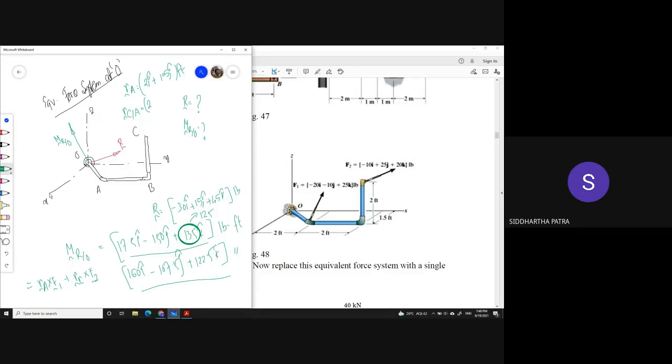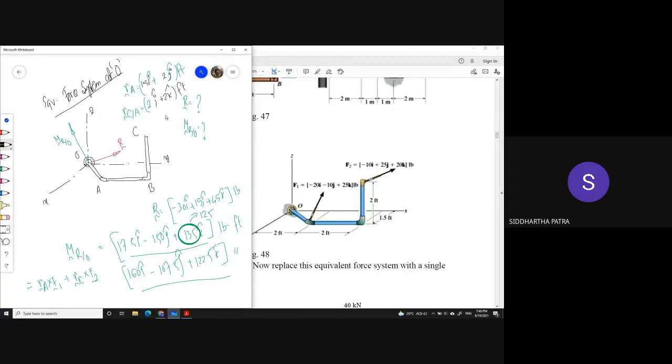Okay, I think I made a mistake over here. It is supposed to be 1.5i, and over here it is supposed to be 2j. And RCA seems to be another 2j and another 2k.